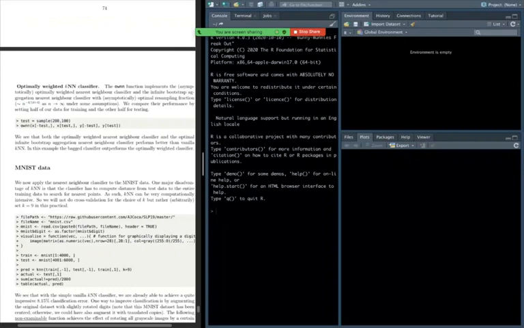Yes. So I'm just wondering if there's any more to be said about what this function is actually doing. It's sort of optimally weighted, but presumably there's more to knowing what the optimal weights are going on. So you're talking about this function, the OWNN. Yeah, that one.